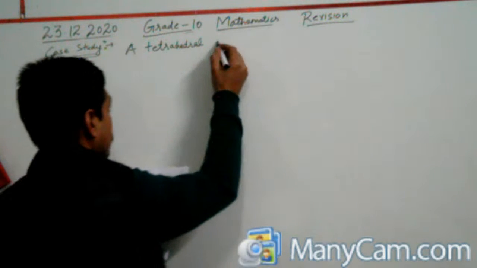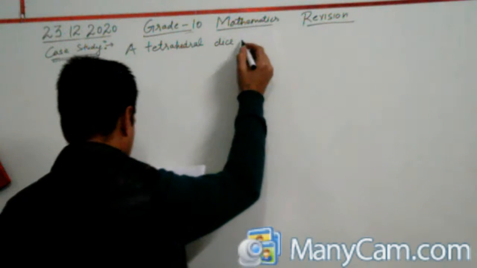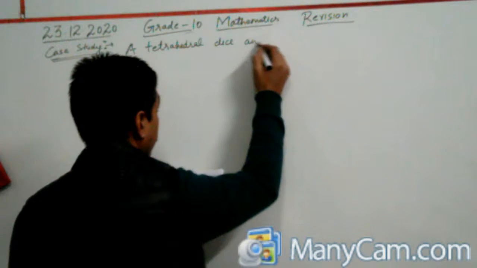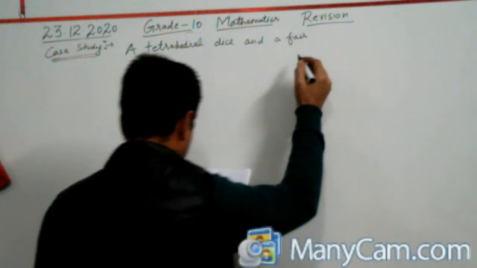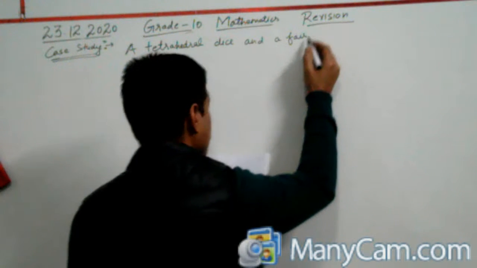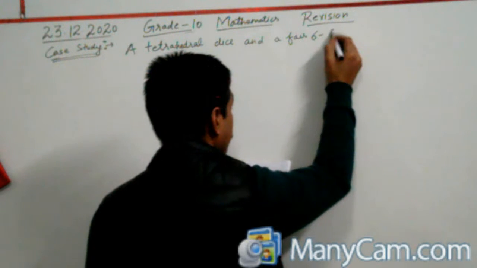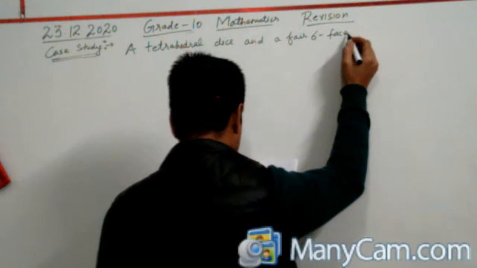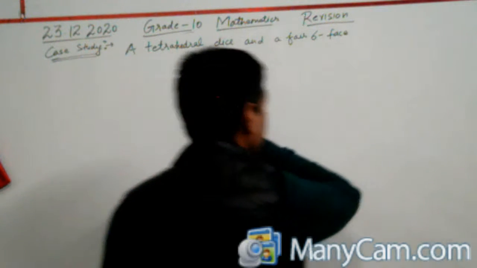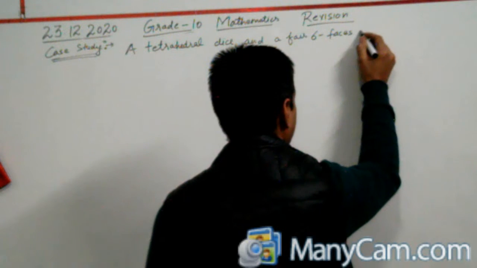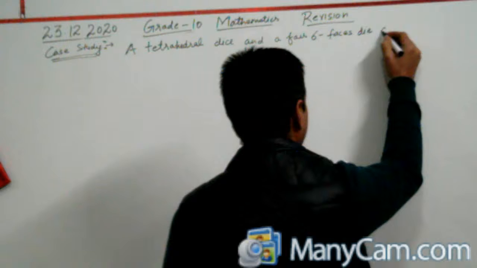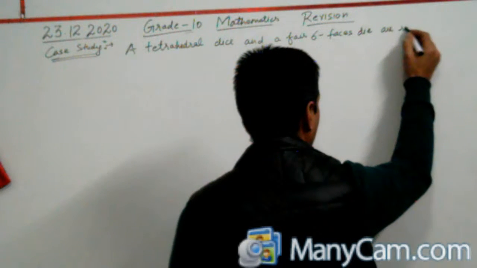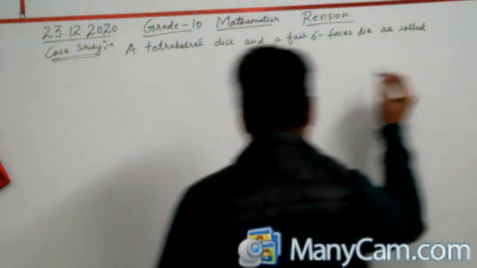Tetrahedral dice and a pair of 6-face dice are rolled simultaneously.